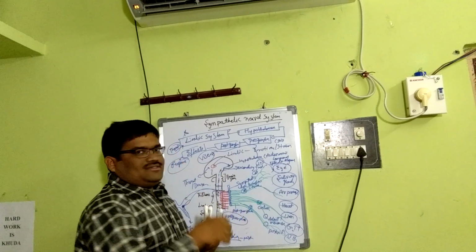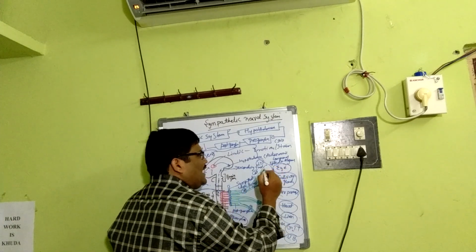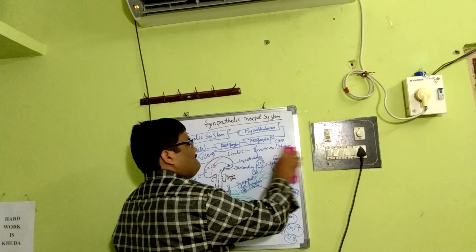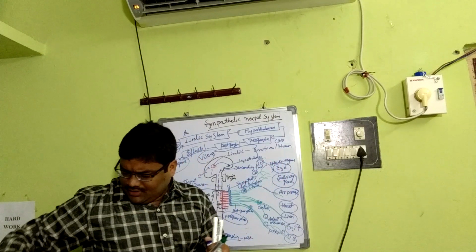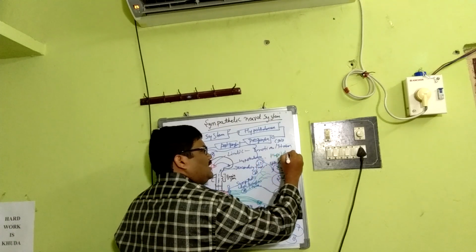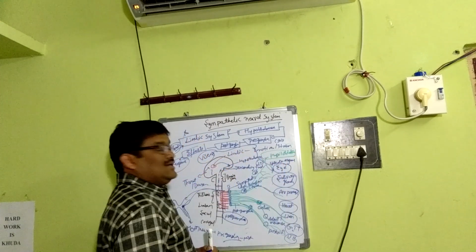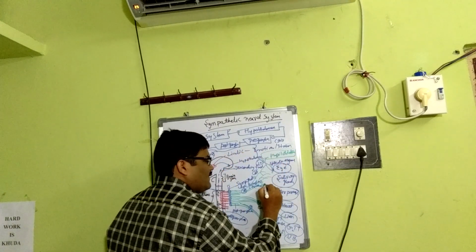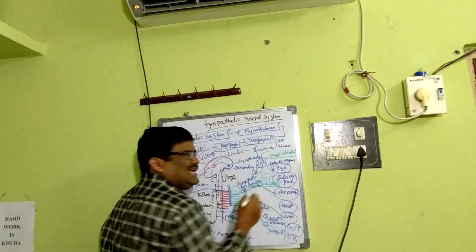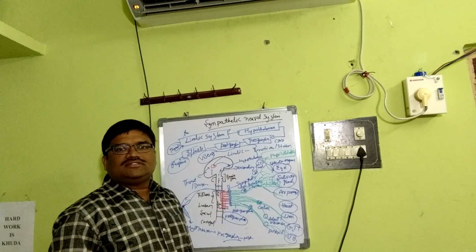Say, in case of the eye, since we're discussing the sympathetic, pupil dilation. In case of salivary glands, inhibition; when we are subject to stress, we feel some dryness in the salivary glands. This is because of this.